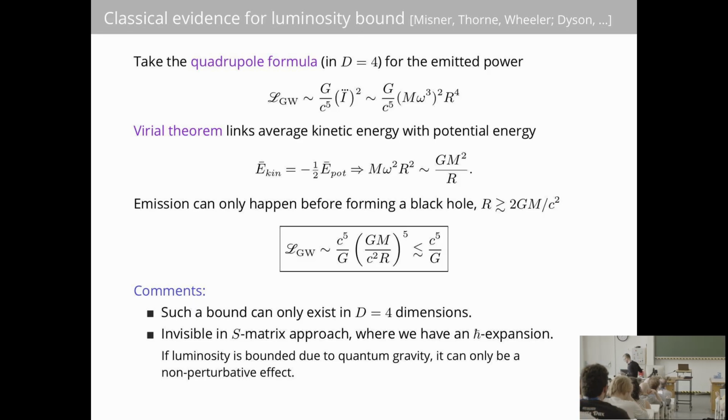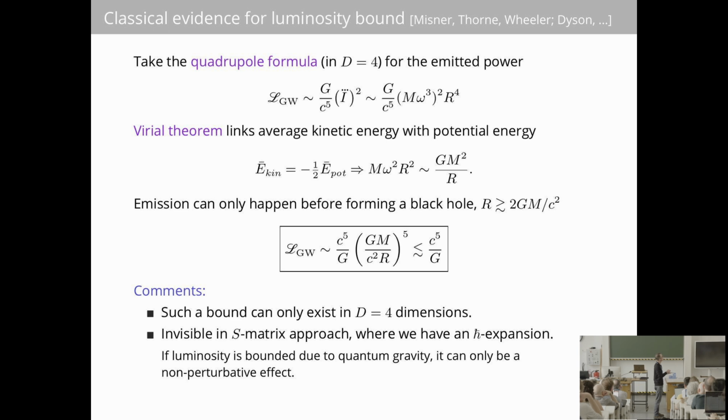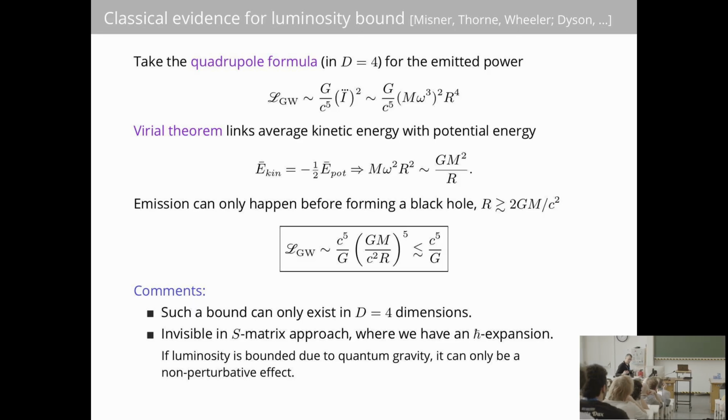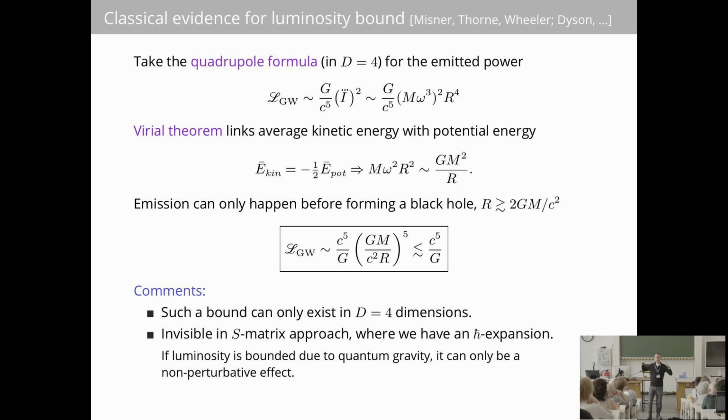And since now there's already at the classical level this constant available, this equation makes totally sense at the classical level. And people found it suggestive from that to conclude that there is in fact an upper bound for the emitted power, that the Planck power bounds the luminosity of gravitational waves.